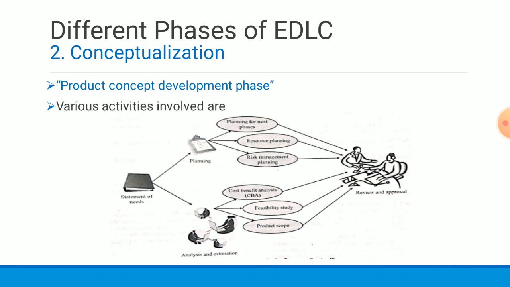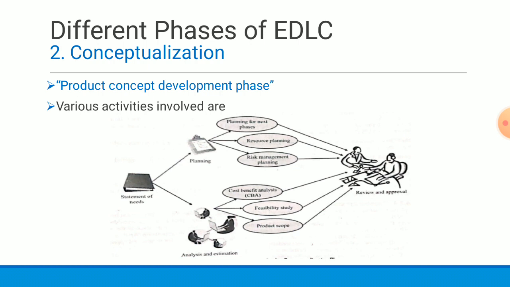The planning activity includes planning for next phases, resource planning, and risk management planning. It covers various plans required for the product development. The first one is planning for next phases: the plan and schedule for executing the phases following conceptualization are included in this one.